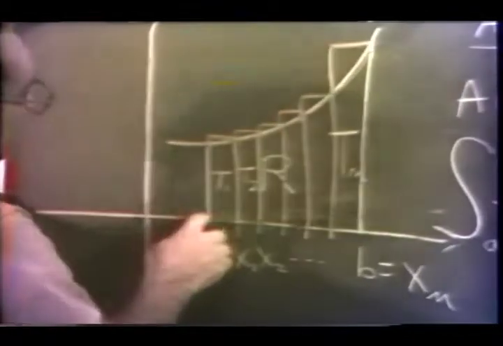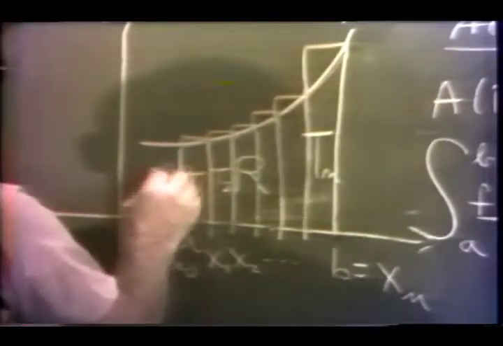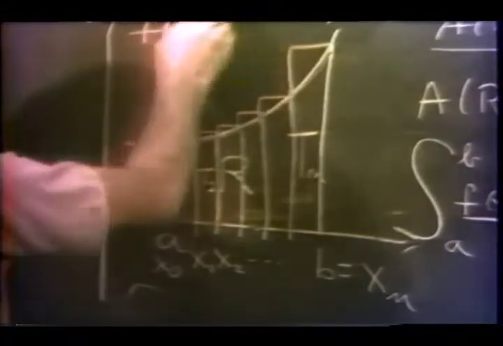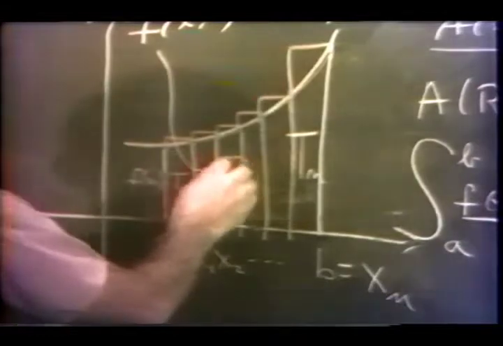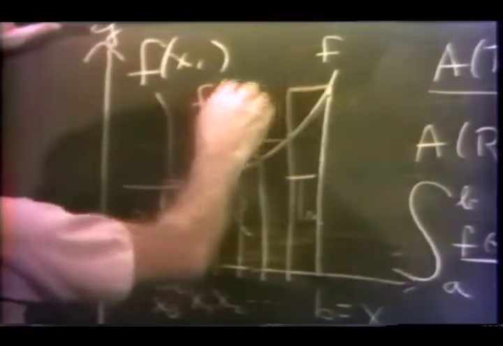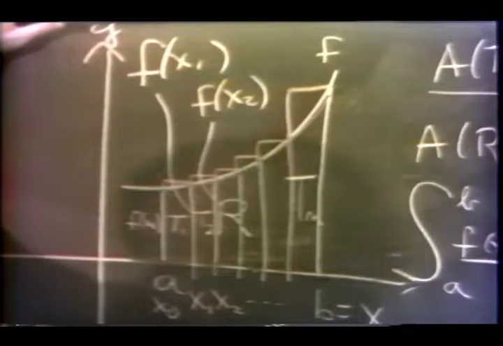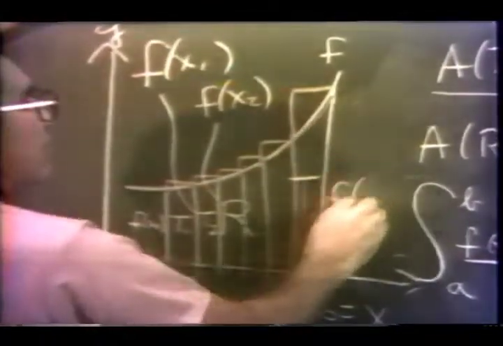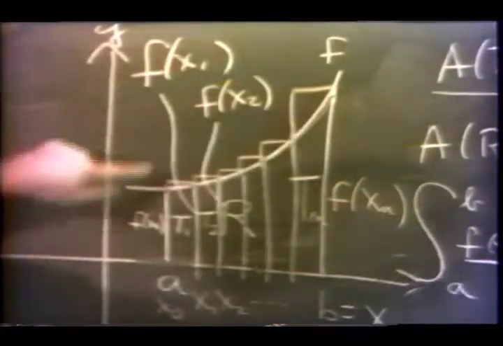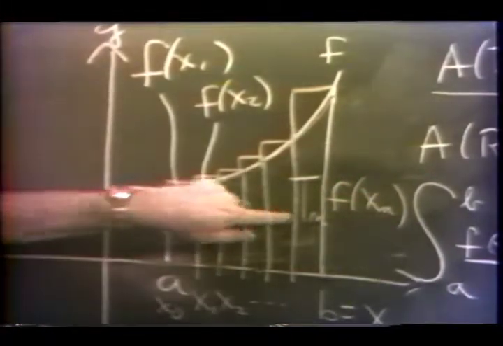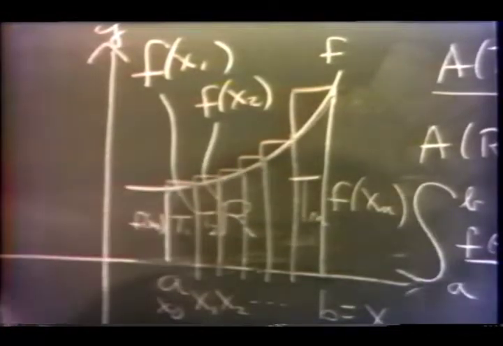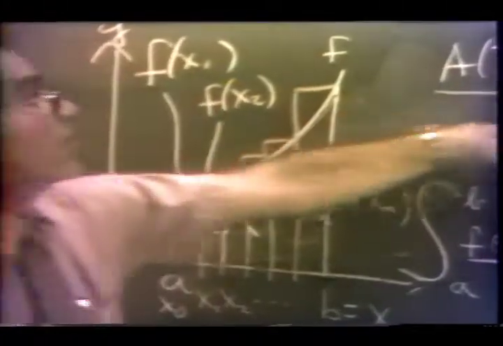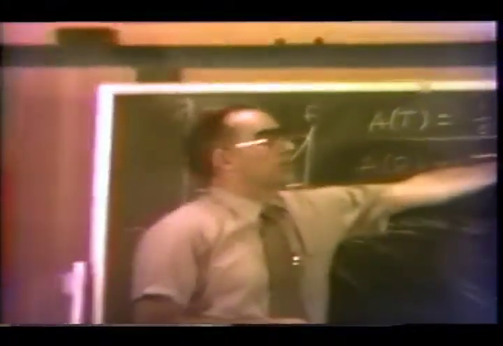Then we can think of these heights here as f of x0, and this one as f of x1, and this one as f of x2, and finally f of xn. What's the role of each of these segments going to be, Mr. Eisen, relative to the area of our trapezoid? In other words, the question is whether it's H or B1, B2.